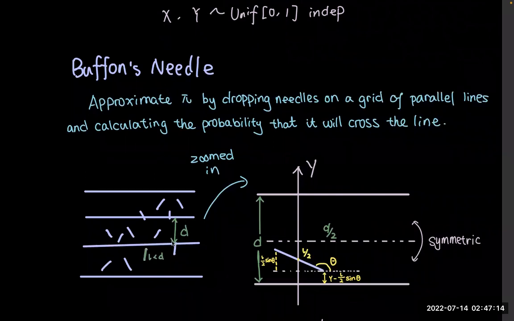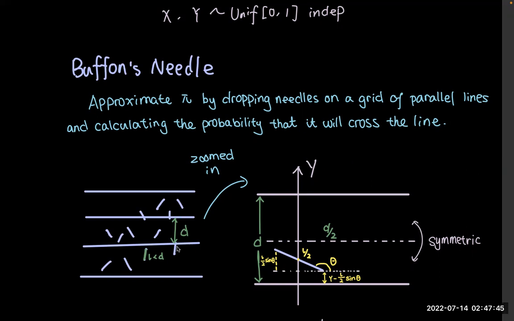We just keep throwing the needle, and the length of the needle is less than d, and then we count how often the needle crosses a line. So this frequency actually is a function of pi. If we can calculate this frequency, or it approximates the probability, and the probability of crossing is a function of pi, then we can find an approximation of pi. So that's the basic idea.